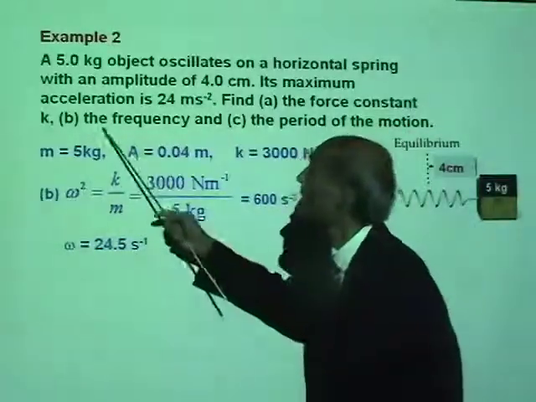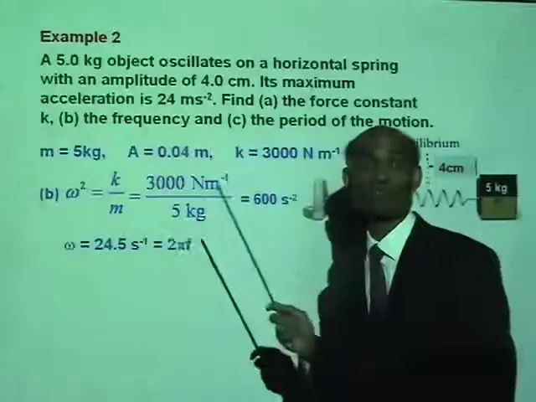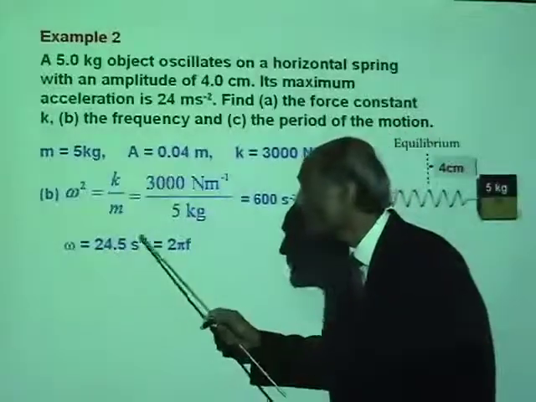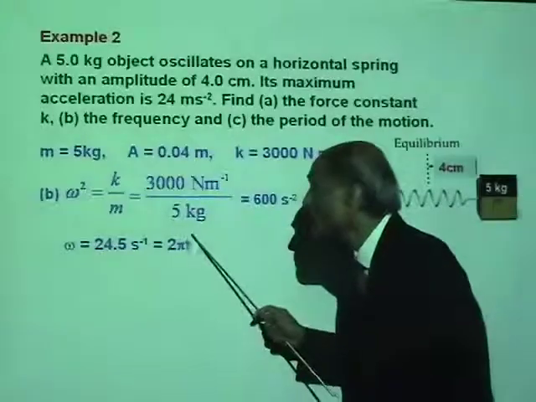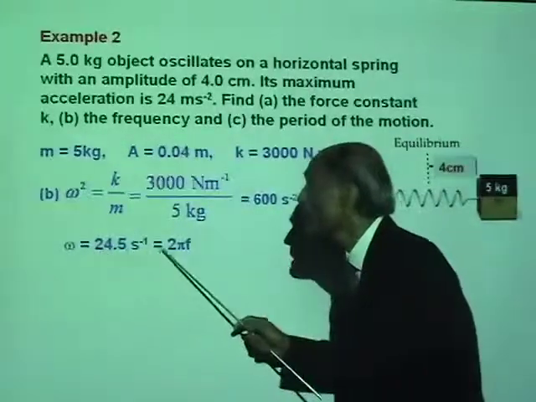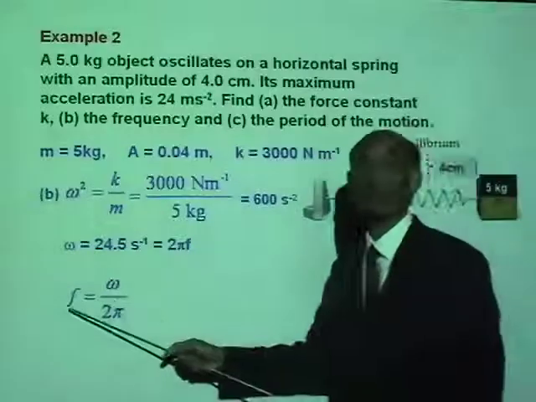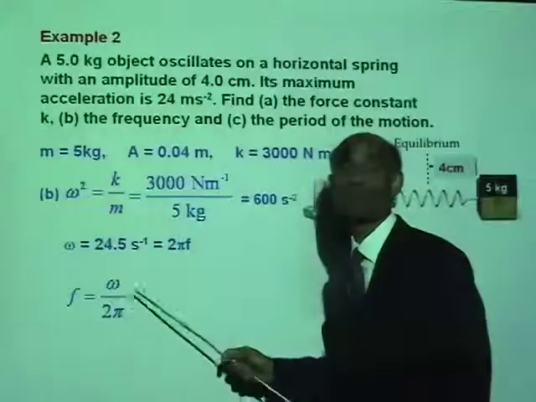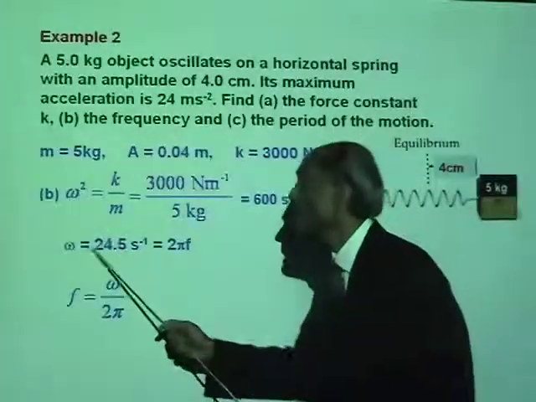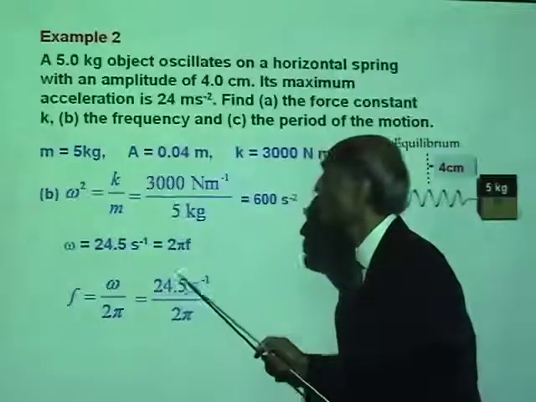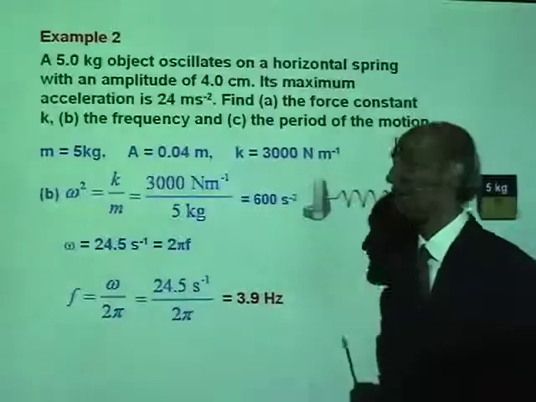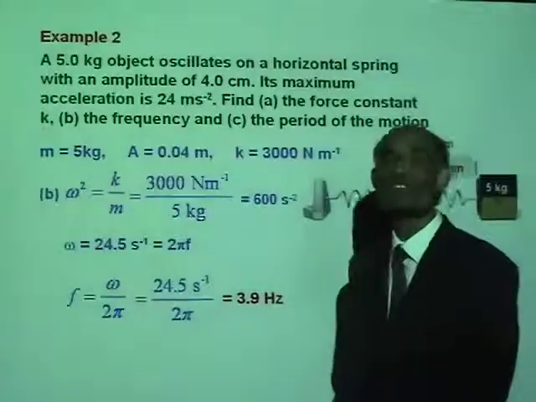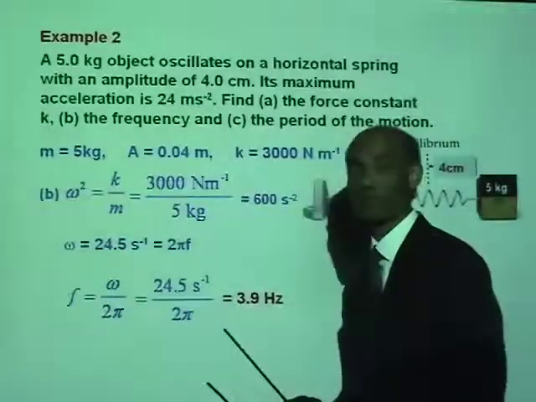Once you know omega, can you find the frequency? Well, omega equal to 2 pi f. Therefore, f equal to omega divided by 2 pi. And omega is 24.5 hertz divided by 2 pi, and that is 3.9 hertz, the frequency.